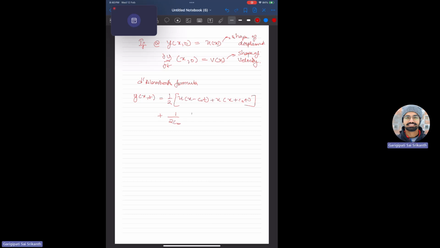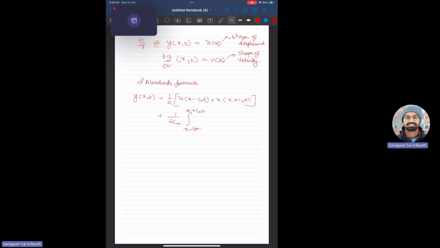So the initial velocity, you sort of integrate from x minus c naught t to x plus c naught t. So what you're doing is when t is equal to 0, then you're integrating from x to x, right?